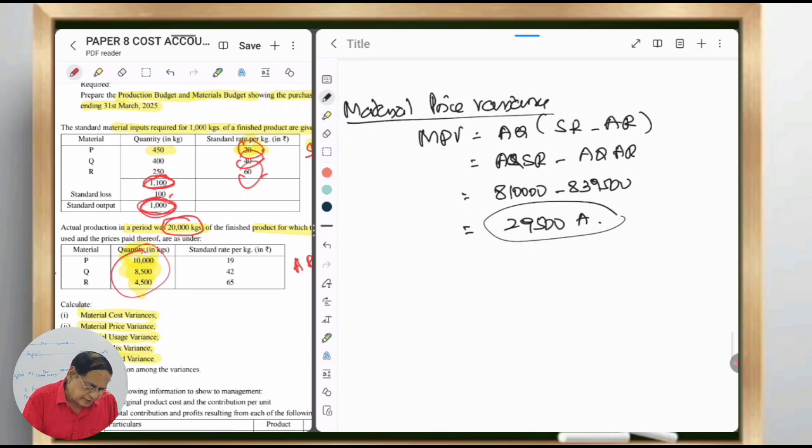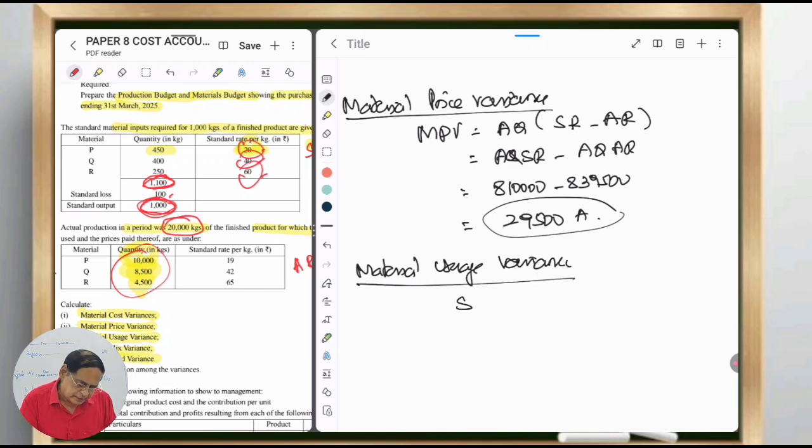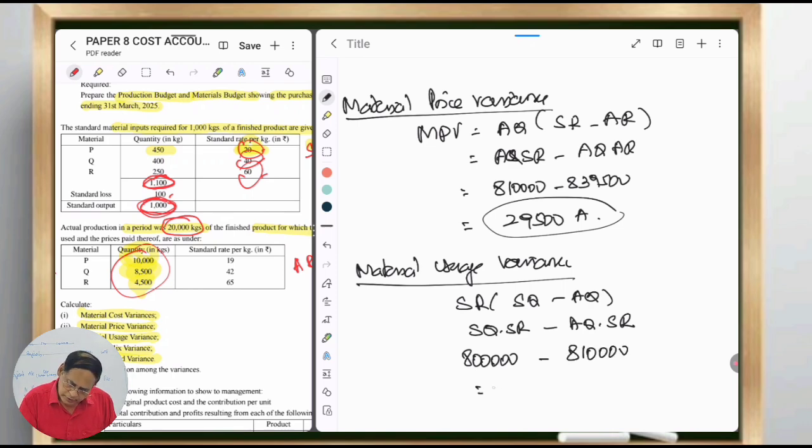And then material usage variance. Material usage variance means SR into (standard quantity minus actual quantity), that is SQ into SR minus AQ into SR. SQ into SR is 8 lakhs minus AQ into SR, 8,10,000, so that is 10,000 rupees adverse.